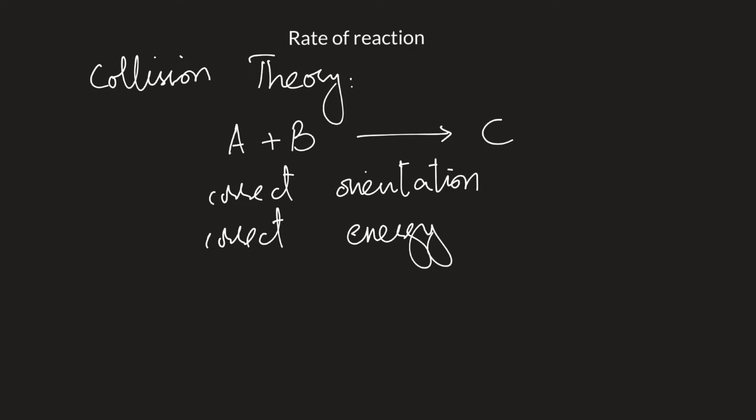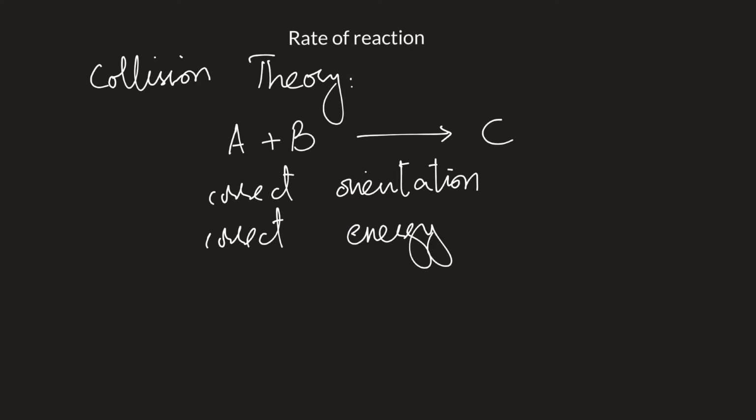If they have sufficient energy and the right orientation, then when A particles collide with B particles, they will produce C. But if they're not colliding at the right angles, or they have less energy than required, then that will not lead us to getting C. In fact, that collision will be useless.